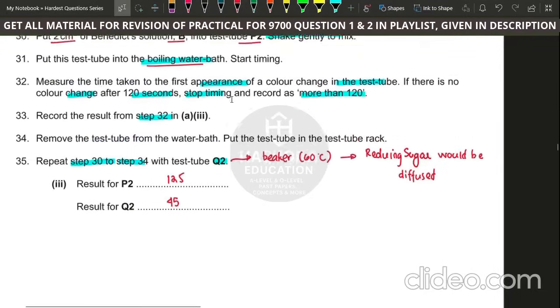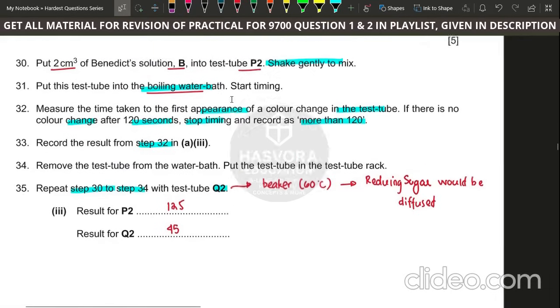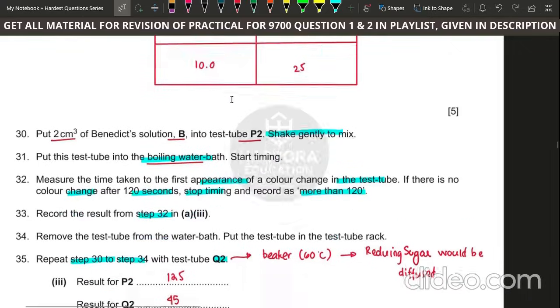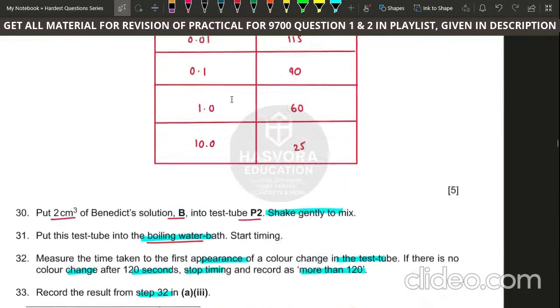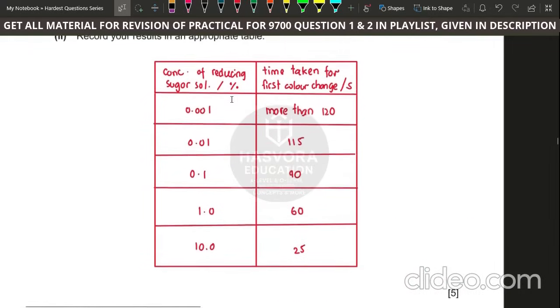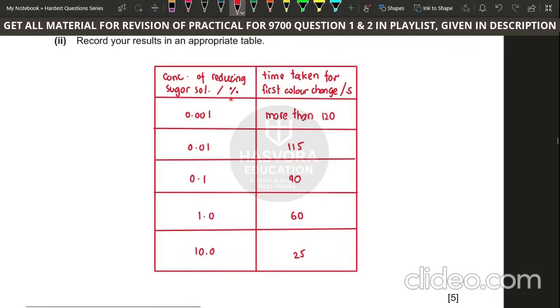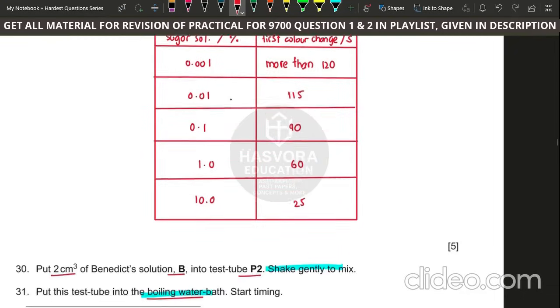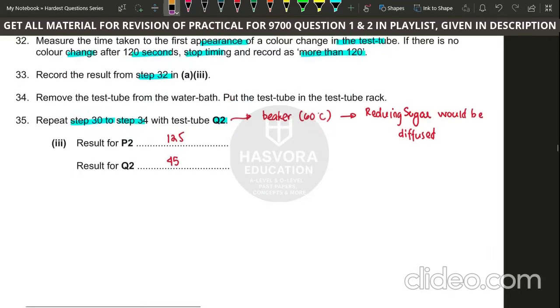Okay, so now let's see that 125 for P2 and result for the Q2 is 45. So it will be according to what you test, in the lab. Okay, so if it is more than 125, this means it is more than 120. Let's just take a lower number.